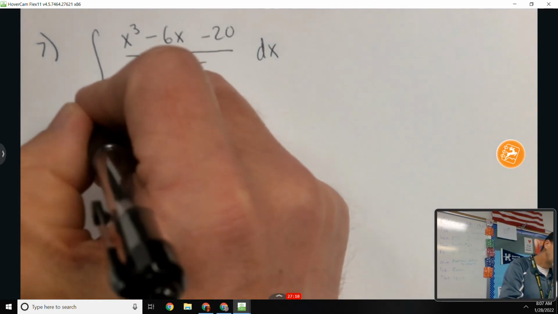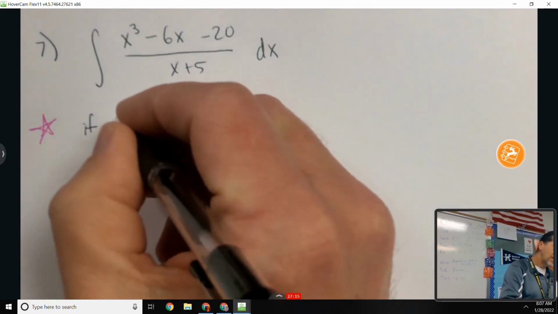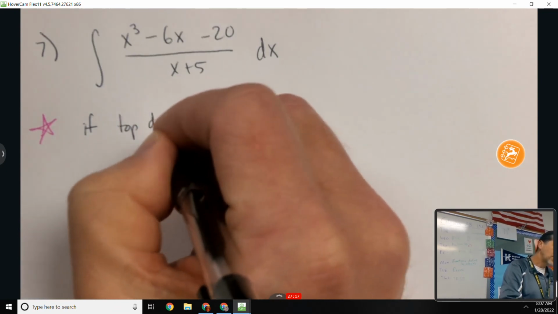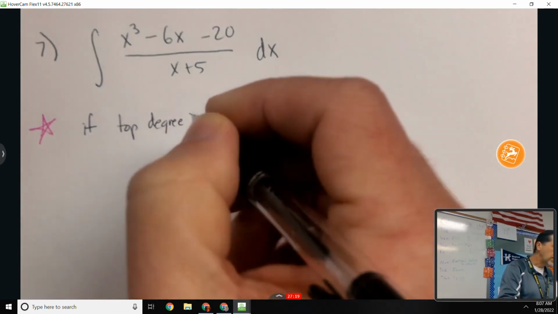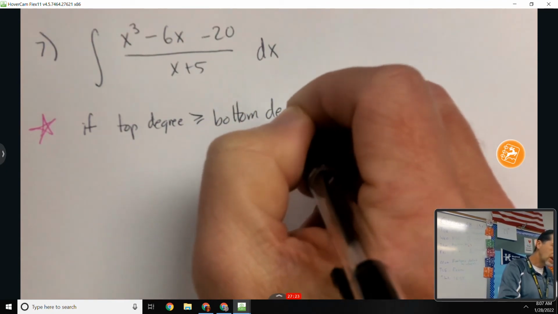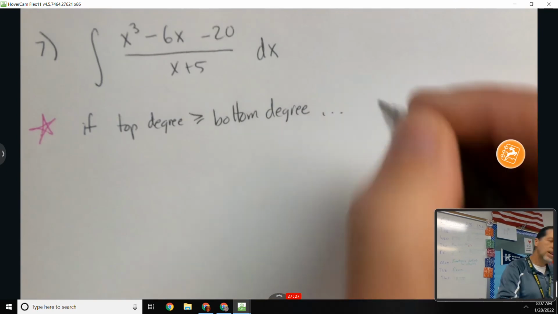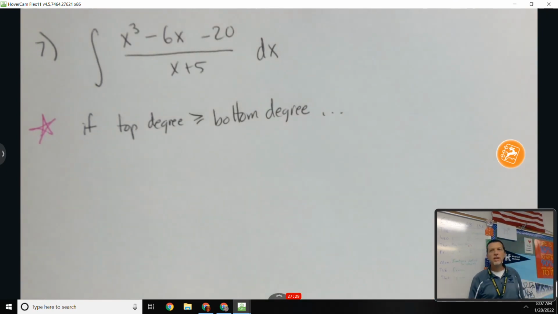There's something going on in this problem, and that is if the top degree is greater than or equal to the bottom degree, do you remember the saying top no, bottom O equal co?